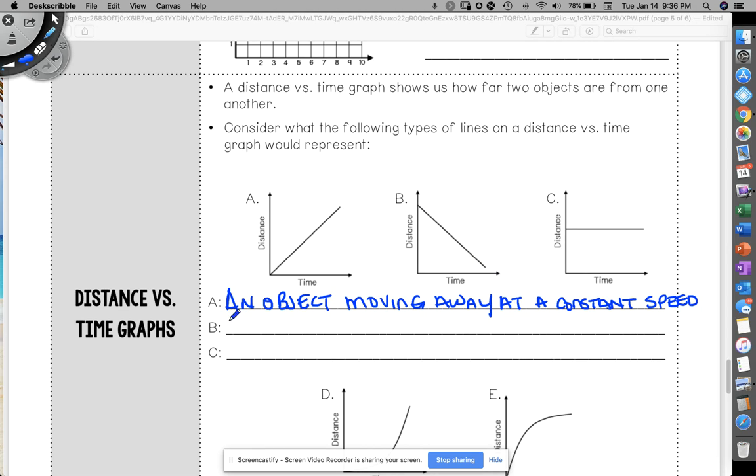So this one here is going to be an object moving closer. And because it is straight, we're going to say it's moving at a constant rate as well. So at a constant speed.